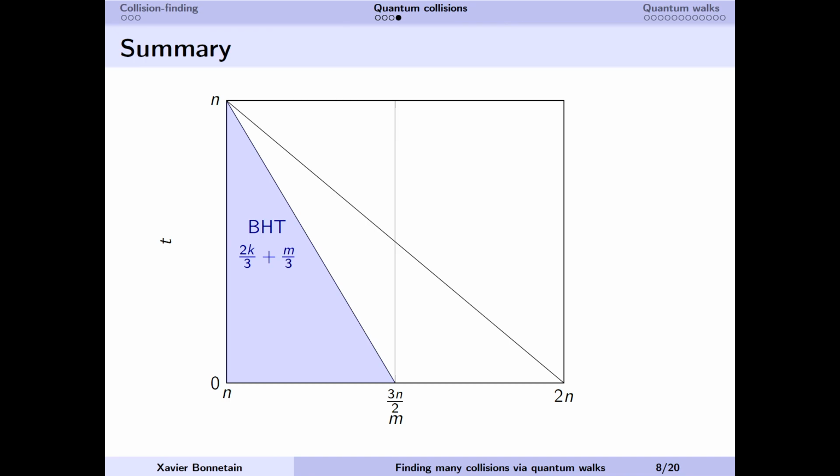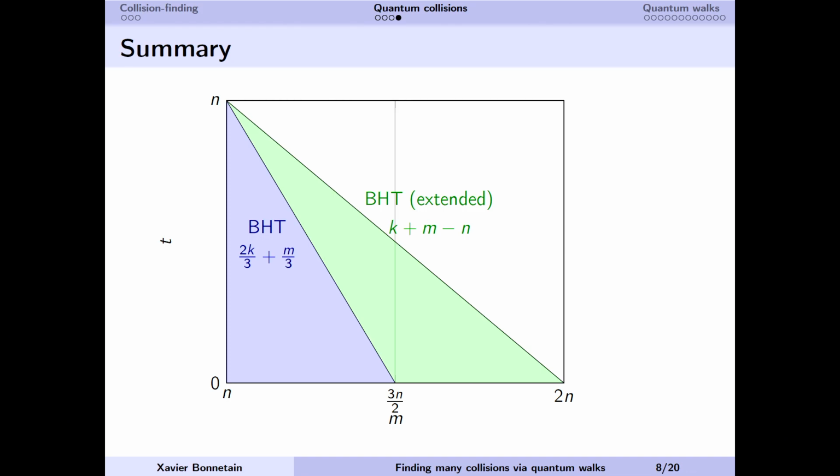With the previous slides, we've seen that the BHT algorithm only tackles this blue triangle here, where it matches the lower bound. If we want to apply it outside of this triangle, for example, by taking a larger list or by repeating the algorithm, we can still have an algorithm that works, but it would not be tight. It would have this worse complexity of 2^(k+m-n).